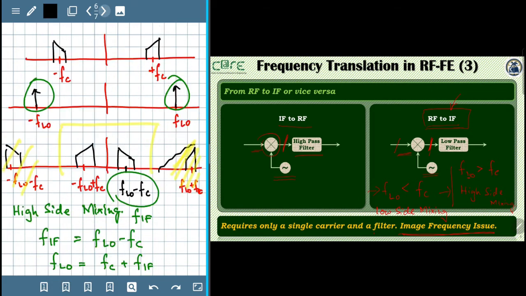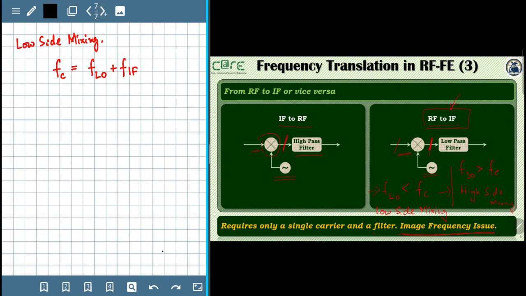So in the high side mixing, FC is equal to FLO minus FIF, and that simply means that we will have an FC dash which will be FLO minus FIF, also getting converted to the same intermediate frequency.